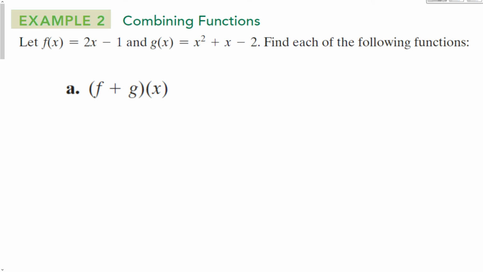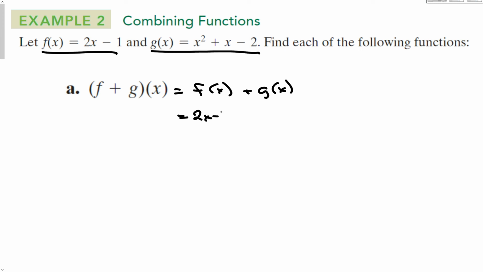So let's start with combining two functions with addition, subtraction, multiplication, and division. We're going to start with my two functions: f of x is 2x minus 1, and g of x is x squared plus x minus 2. So f plus g of x is simply going to be f of x plus g of x. Now to combine these, I just take f of x, which is 2x minus 1, plus g of x, x squared plus x minus 2.